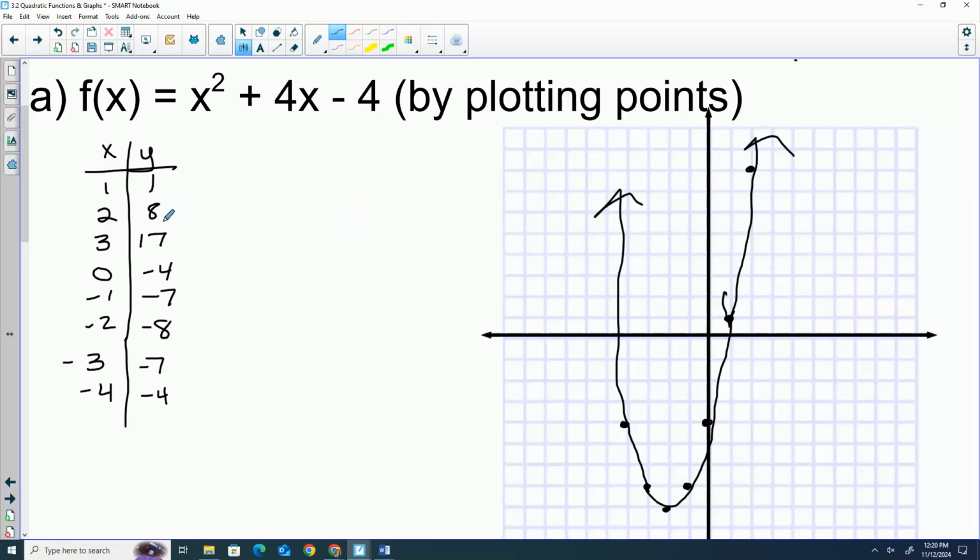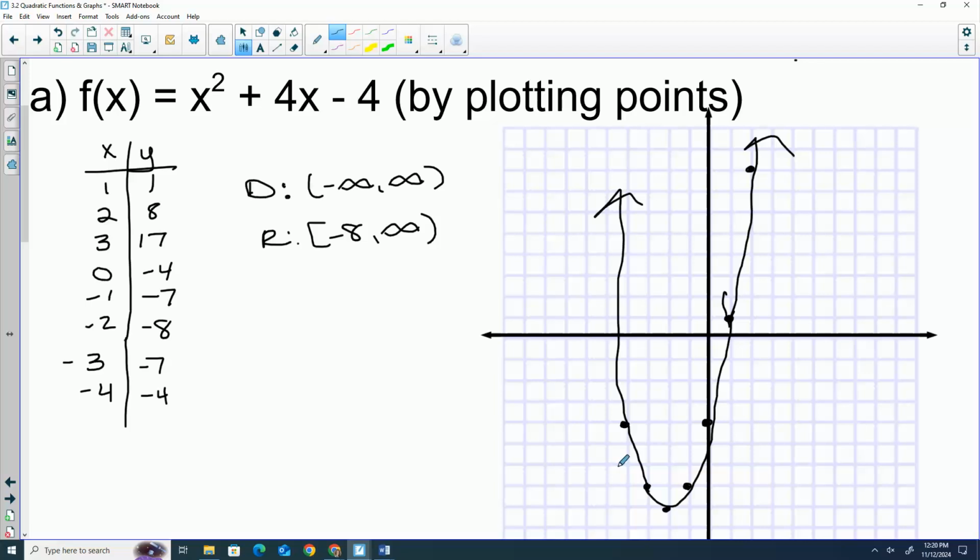Probably not. So this is not going to be helpful all the time. What's the domain of this? What is our range? So plotting points works, but it could be time consuming and probably not our best bet.